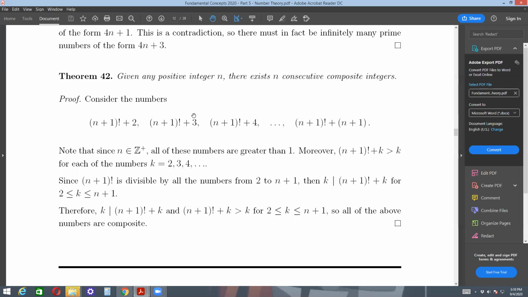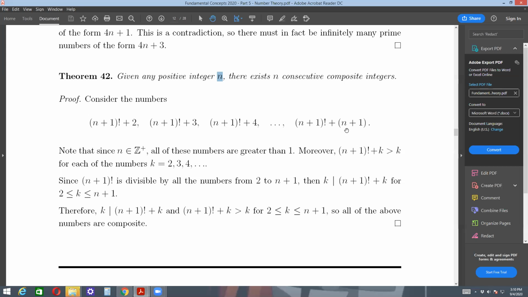Similarly, this thing here would be divisible by 3 because 3 would be in here, and then 4 would be in here, and so on. The reason why it works is that you want n consecutive integers. So if you wanted 4 consecutive integers, it means that n is 4, so that would force the 4 to come in here.